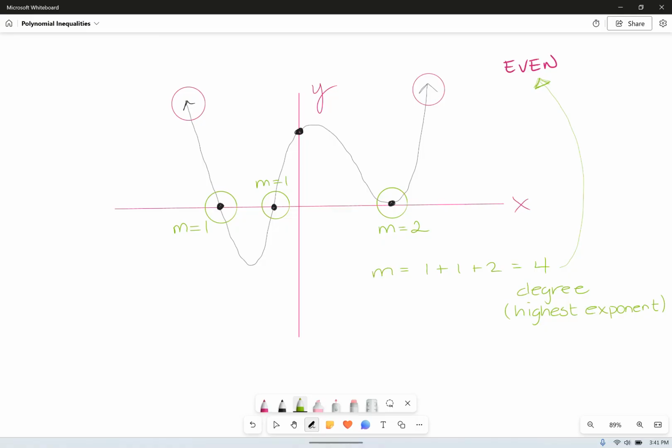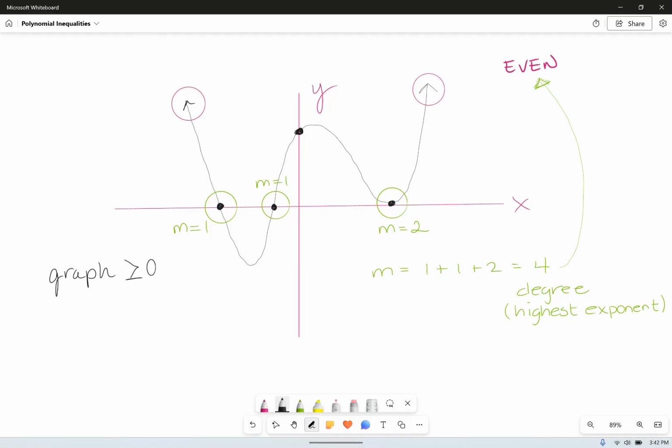So what's going to happen, though, is I'm going to ask you guys, where is your graph above or below the x-axis? Above means greater than 0, and below means less than 0. So I'm going to give you a graph function, and I'm going to ask you, where is it above 0 or above and equal to 0?